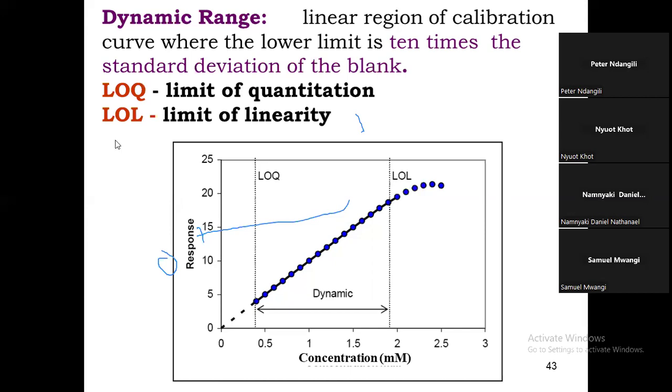We have the limit of linearity, which is illustrated in this graph. The upper limit of our linear range is the limit of linearity. Okay?